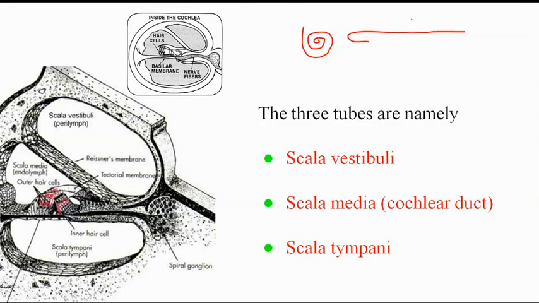Here we are cutting it and taking a section. If this part is seen, it will appear like this, and inside it you find three tubes, that is scala vestibuli, scala media, and scala tympani.